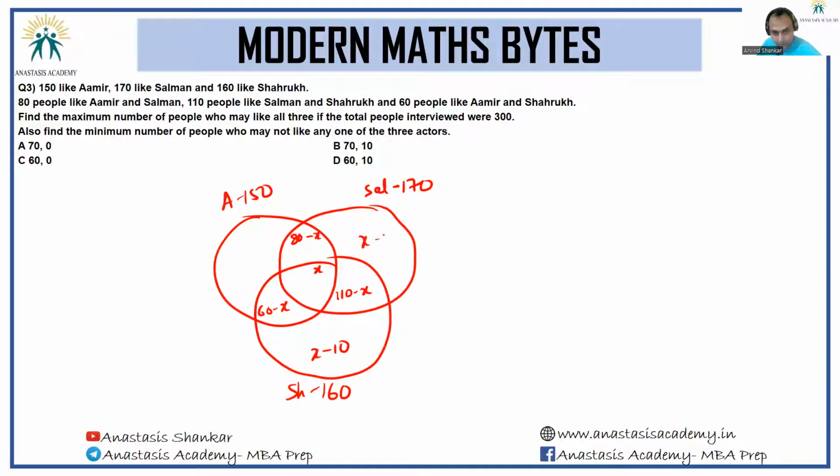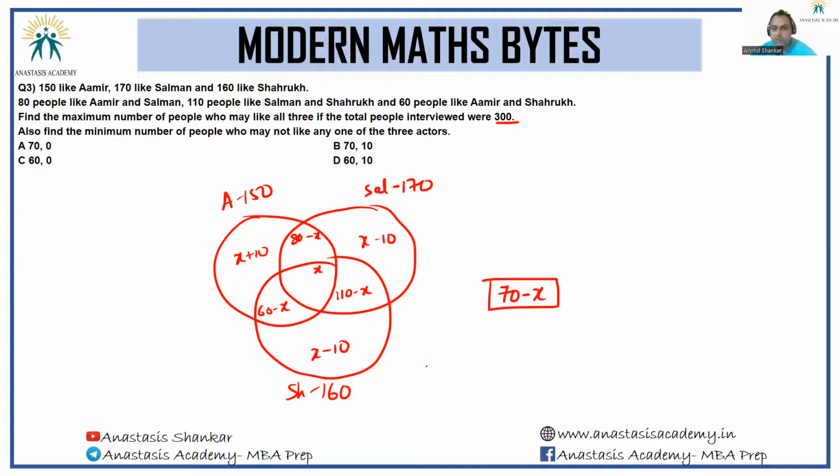This region here is X minus 10. This region here is X plus 10. And because there were a total of 300 people, 170 gone. So 130 plus 10 minus 10 gone, 60. 170 plus 60 is 230. 230 plus X here. So on the outside, I have 70 minus X. These many people are on the outside.